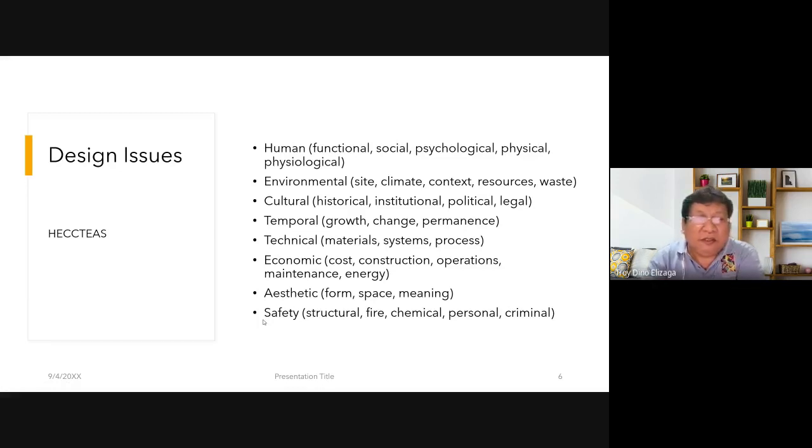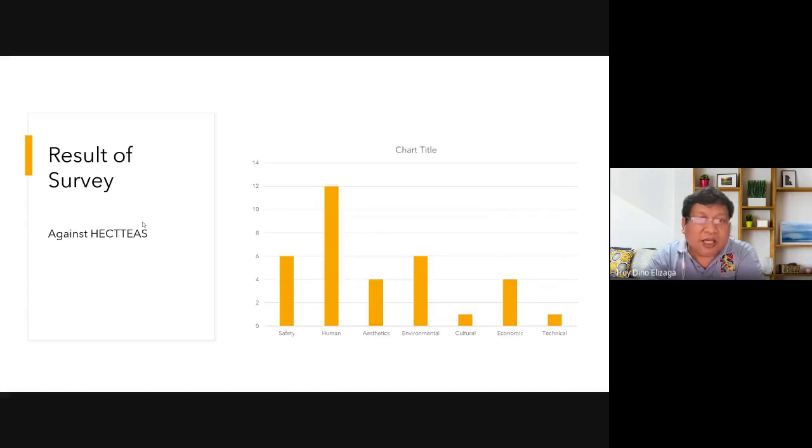Okay, so we revisit the hectares. We have the human, environmental, cultural, temporal, technical, economic, aesthetic, and safety. And for each of them, there are subcategories. Okay, and so when I tried to group the answers earlier into this, I came up with this.